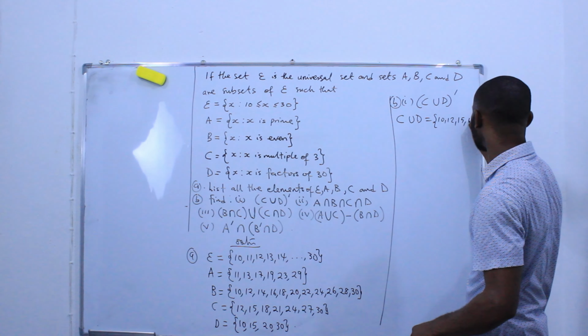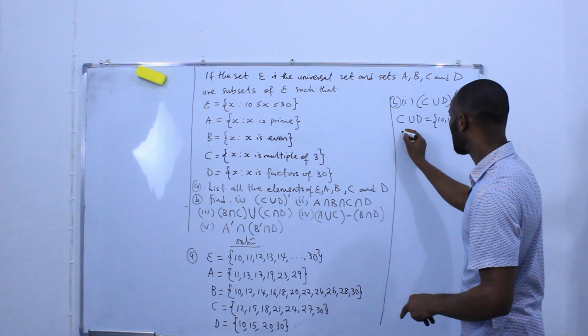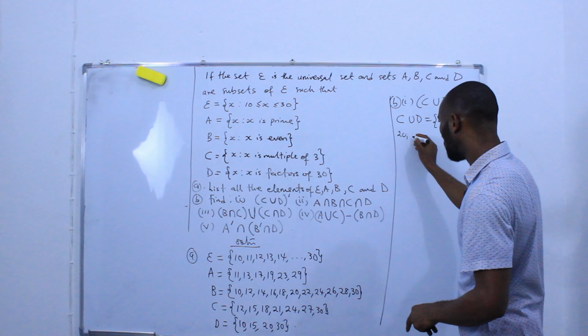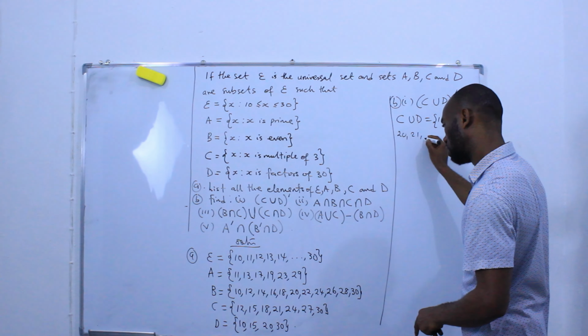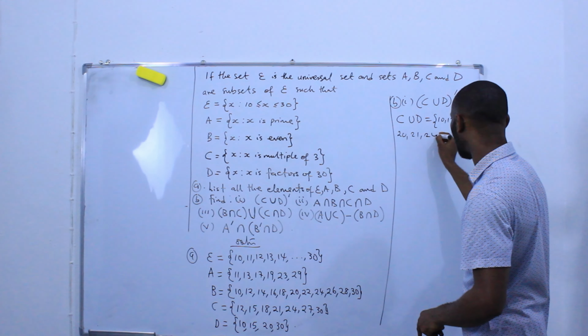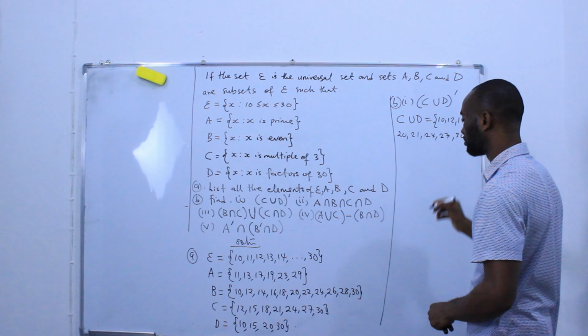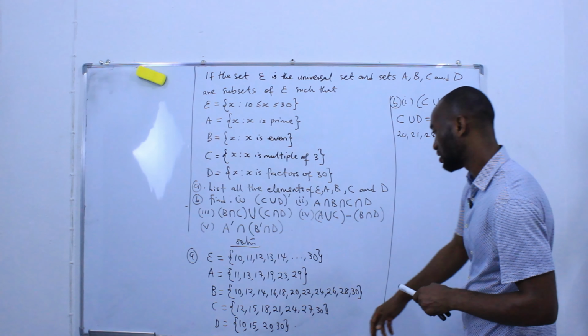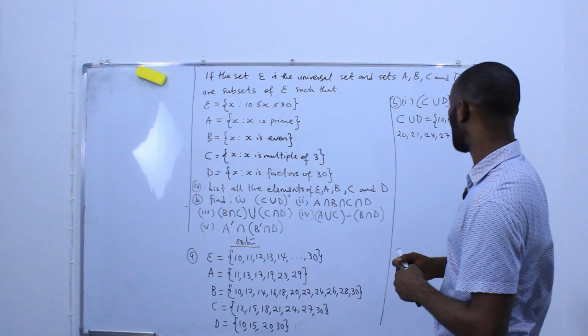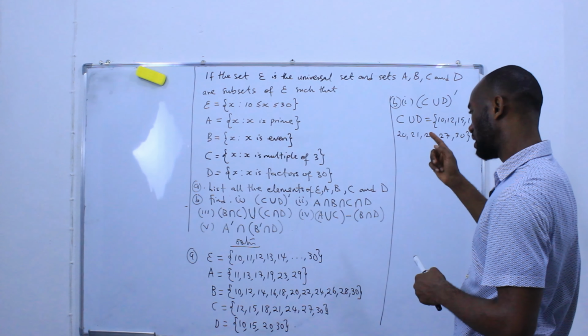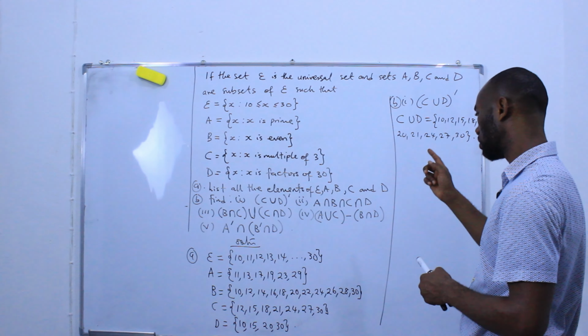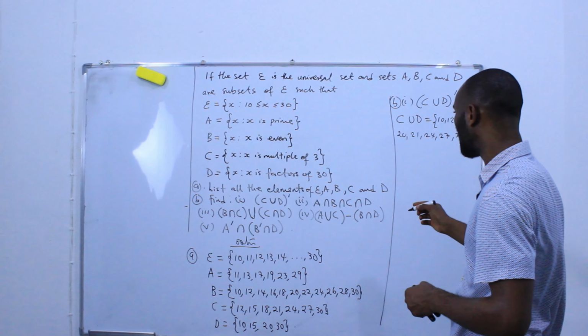We have 18. We have 20. We have 21. We have 24, 27, and we have 30. Okay, that is 10, 12, 15, 18, 20, 21, 24, 27, and 30.